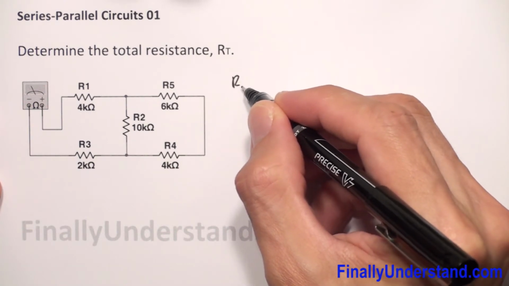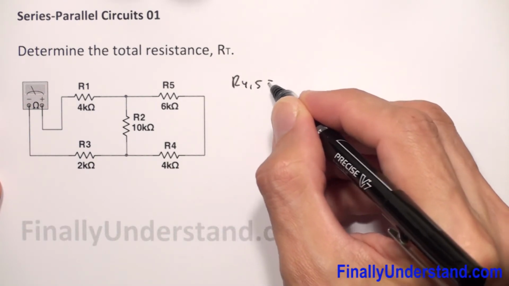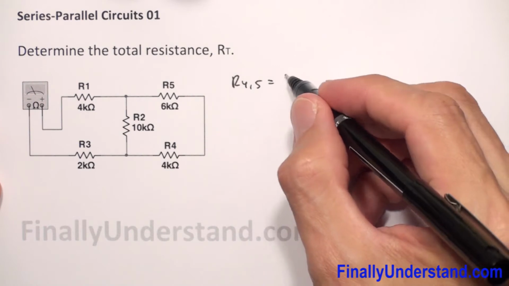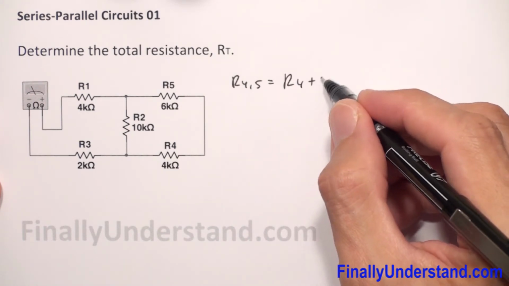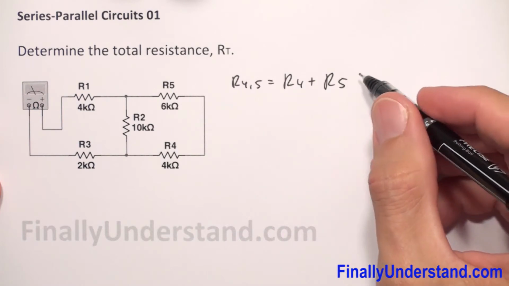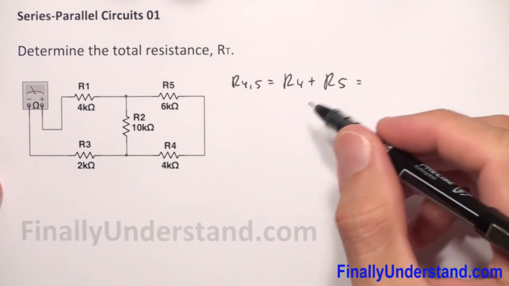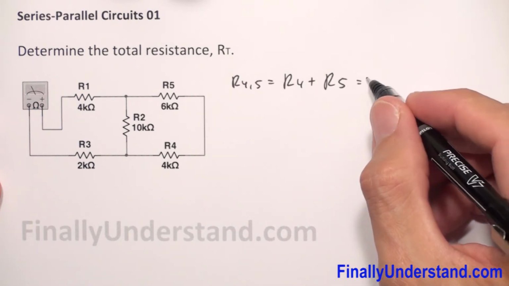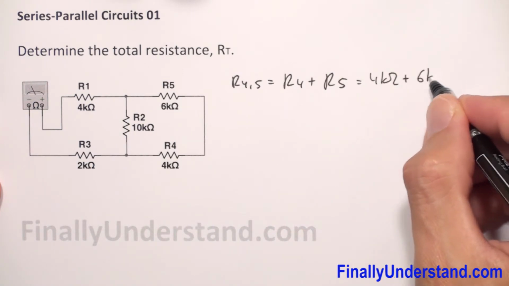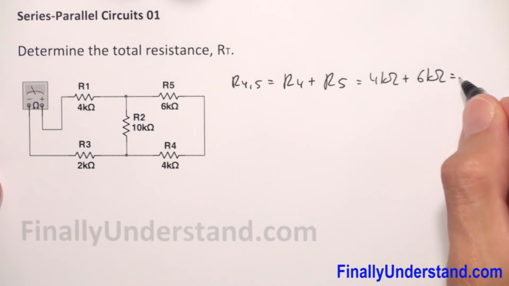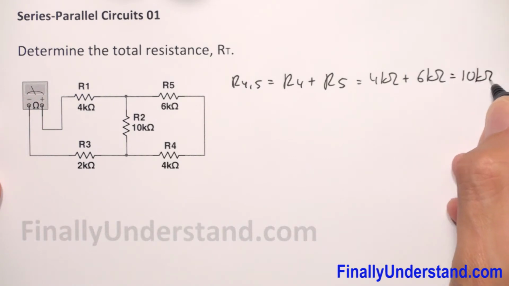So I have R45 is equal to R4 plus R5. R4 is equal to 4 kilo ohms plus 6 kilo ohms. This is equal to 10 kilo ohms.